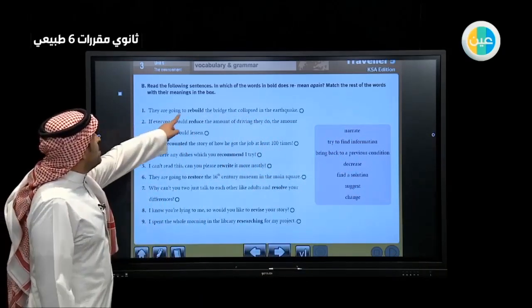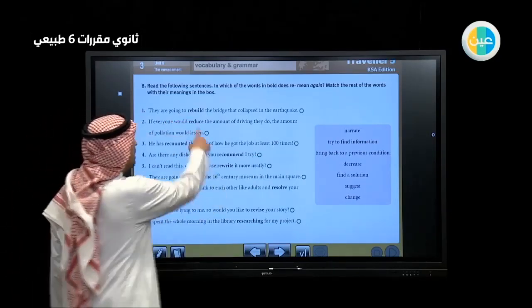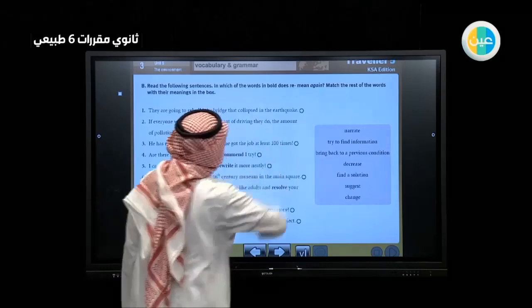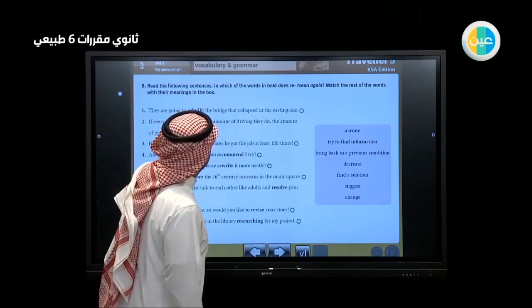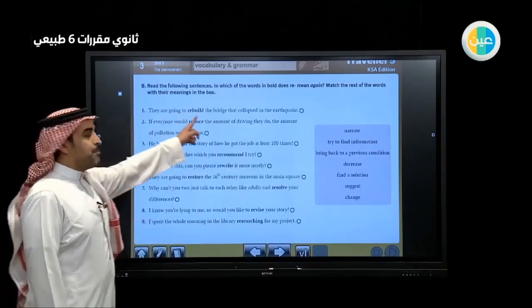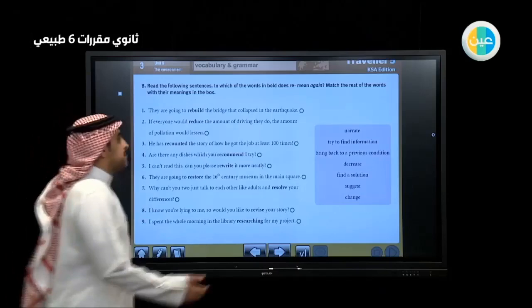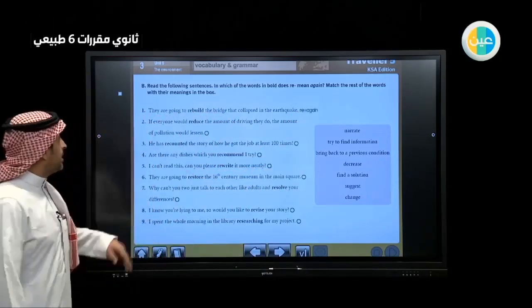So they are going to rebuild the bridge that collapsed, broke down in the earthquake. Rebuild means, yes, build again. Re means again.